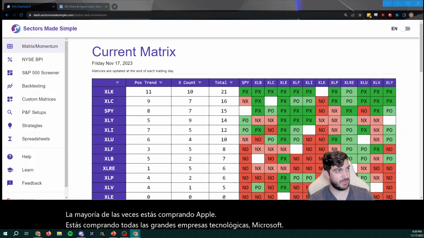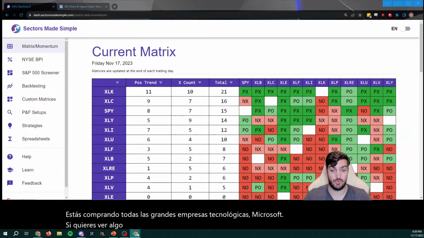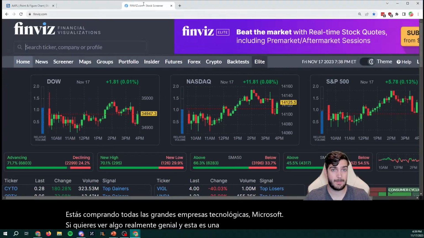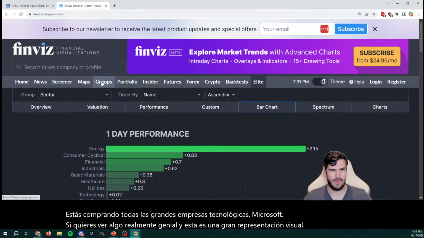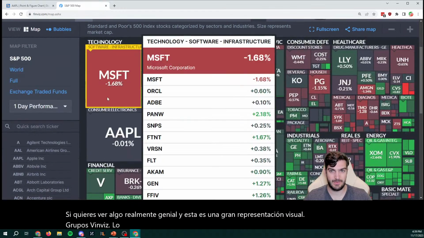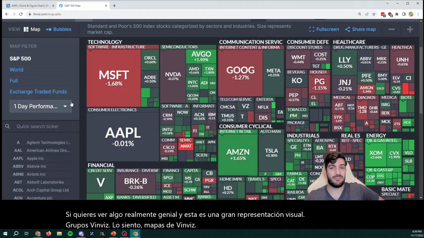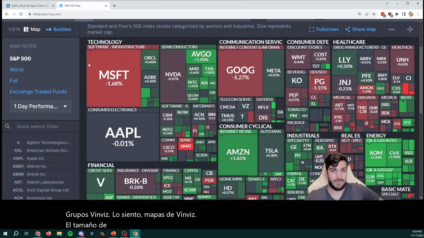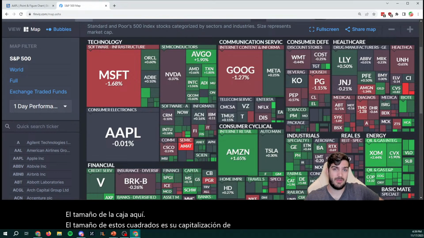If you want to see something really cool, and this is a great visual representation, FinViz maps. The box size here, the size of these squares is their market cap for that individual industry and sector.